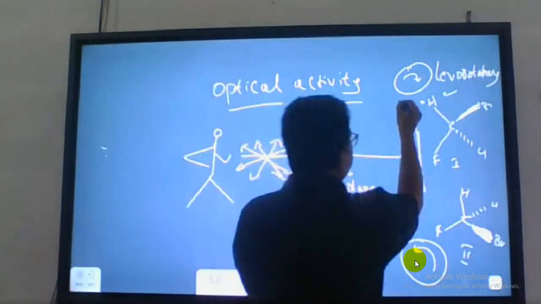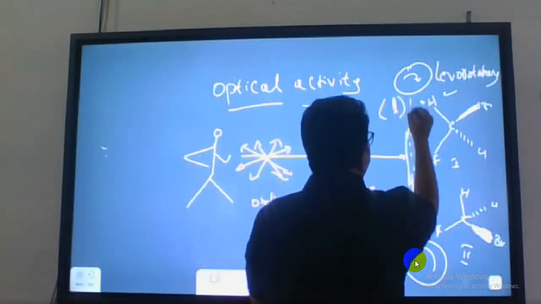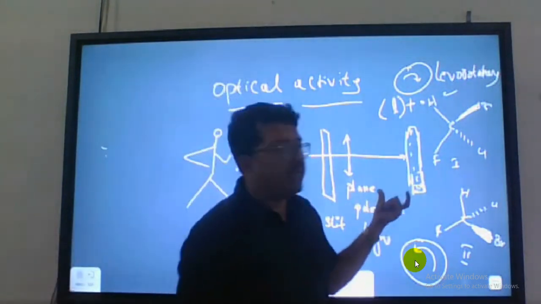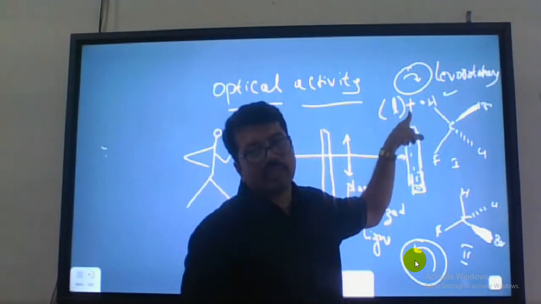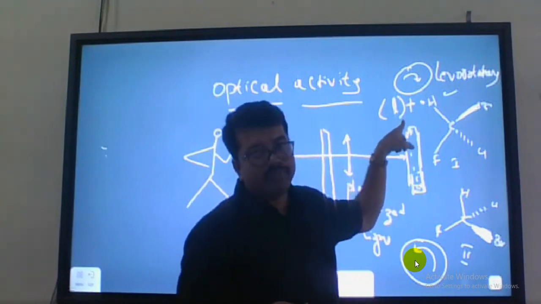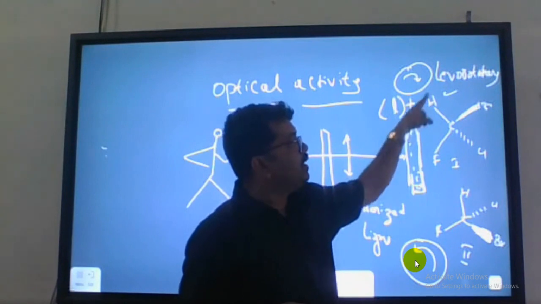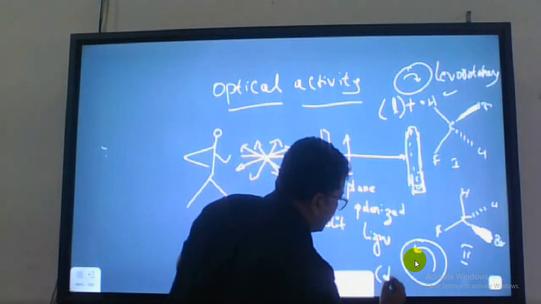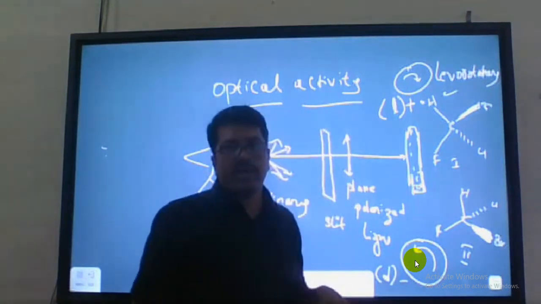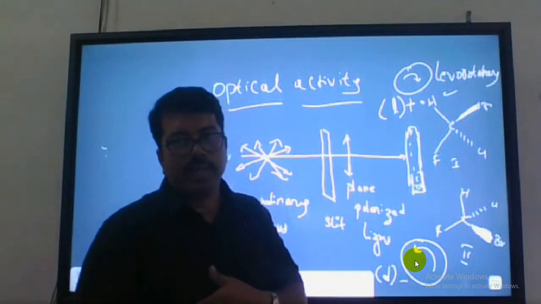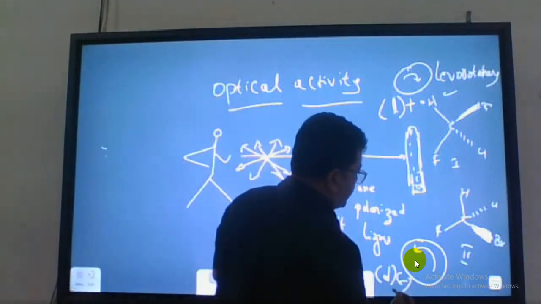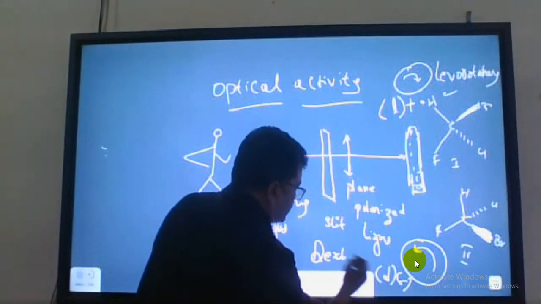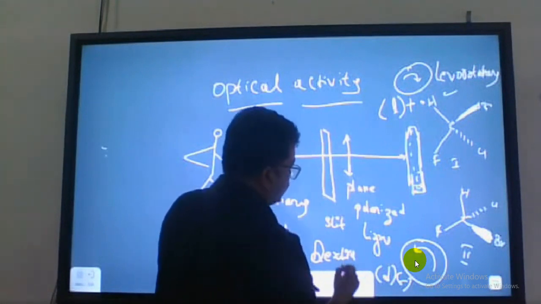It is denoted by small l and minus, don't confuse it with capital L. The one which rotates clockwise, to the right, is represented by small d and plus. This is called dextrorotatory.